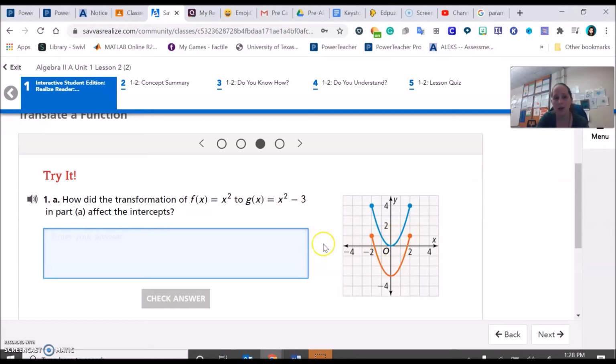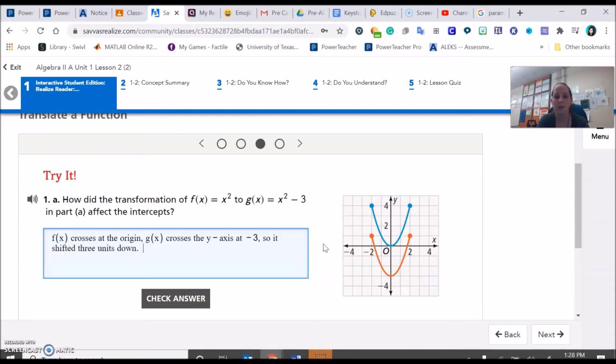For f of x, it crosses at the origin, g of x crosses the y-axis at negative 3, so it shifted 3 units down.